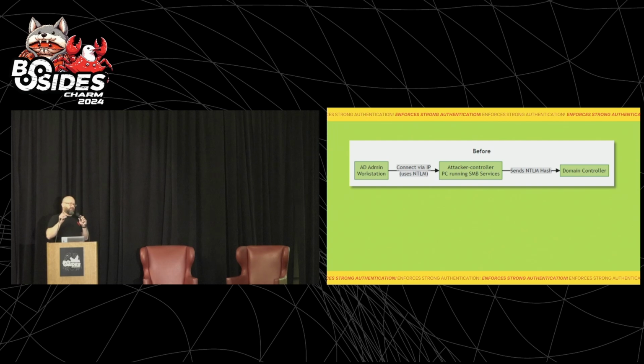NTLM authentication is basically a chunk of data that gets sent from the admin workstation to the attacker's PC, and then, as you can see on the right side there, oh wait, I have a laser. I have a new pointer, so I don't know where the laser is. Oh no, I'm red-green colorblind. I can't even see it, so never mind. It's fine.